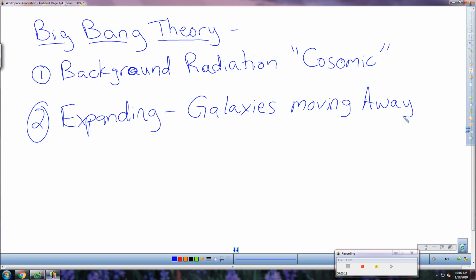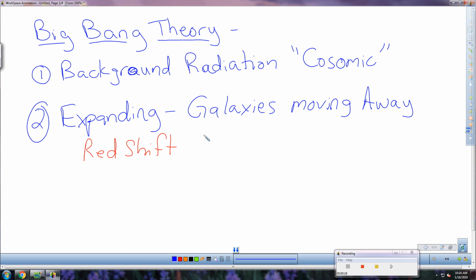And we know that because all galaxies are showing us what we call a red shift. A red shift is about the wavelengths of the light that's coming off the stars. As we look at the stars today, they tend to be a little bit more red than they were yesterday, and a little bit more red than they were the day before.